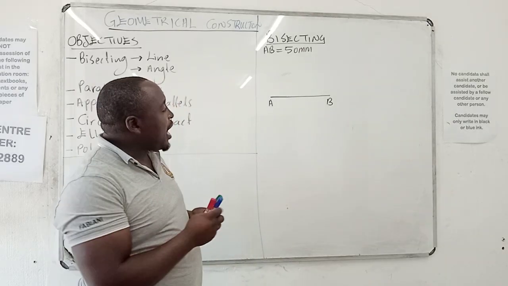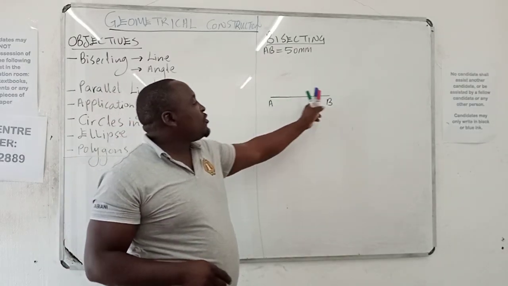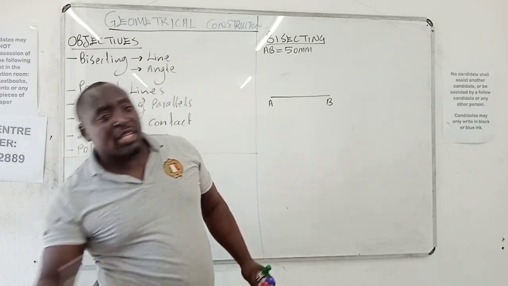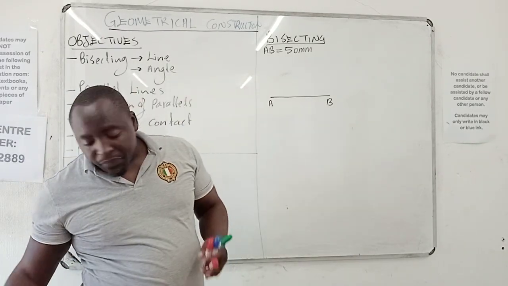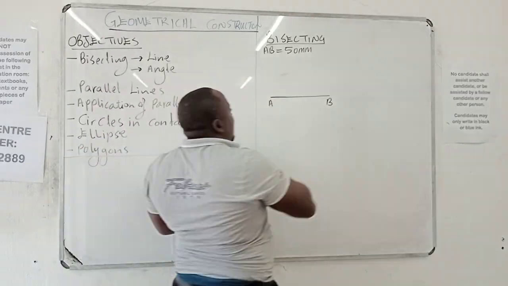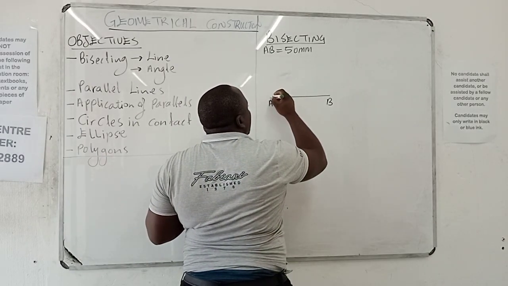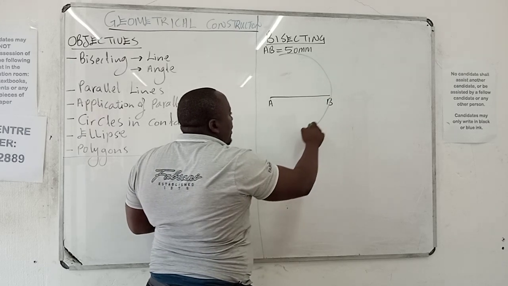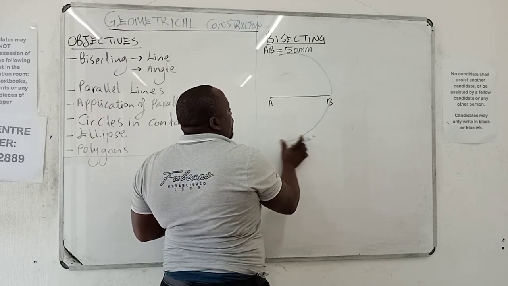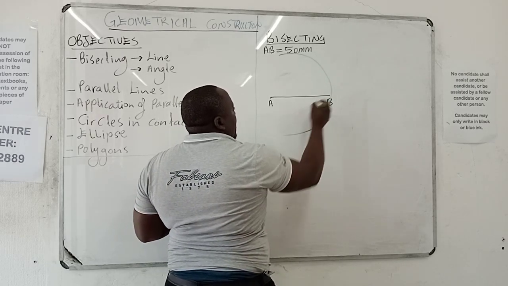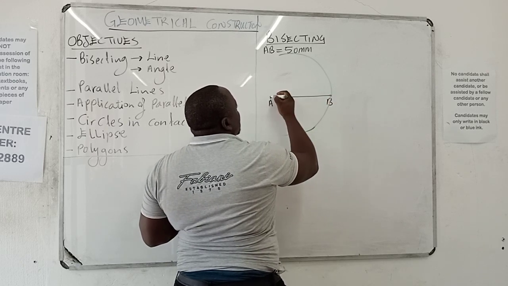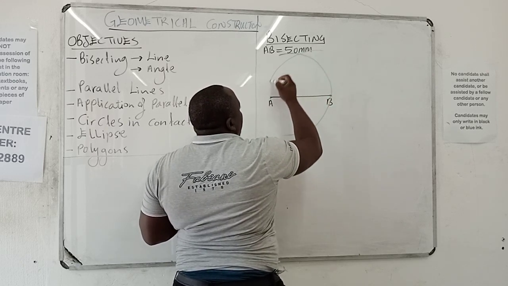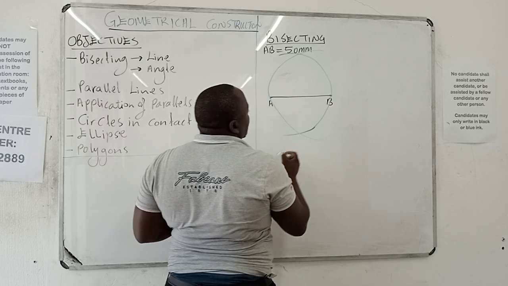So, you open your compass from A to B, and you draw an arc. Then you move your compass to B, put it at B, open to A, and draw the opposite arc.